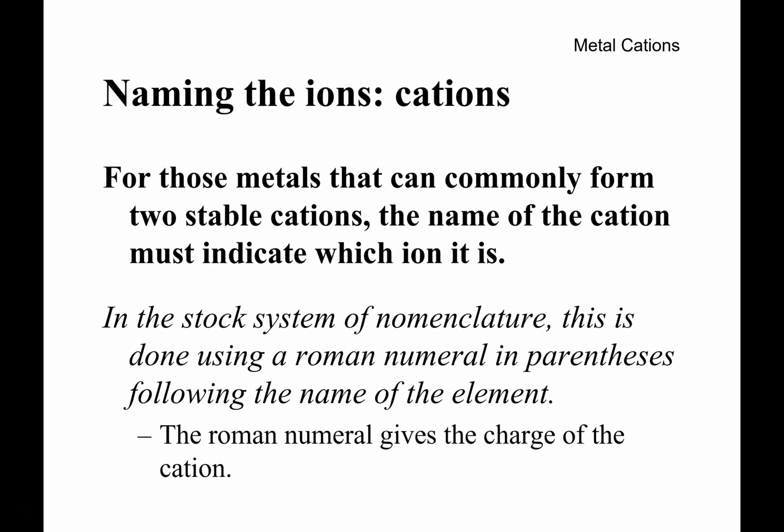So, for instance, we call this one iron 2, the plus 2 cation. Some people would call it ferrous. I just think it's easier. And notice that the Roman numeral is the charge.